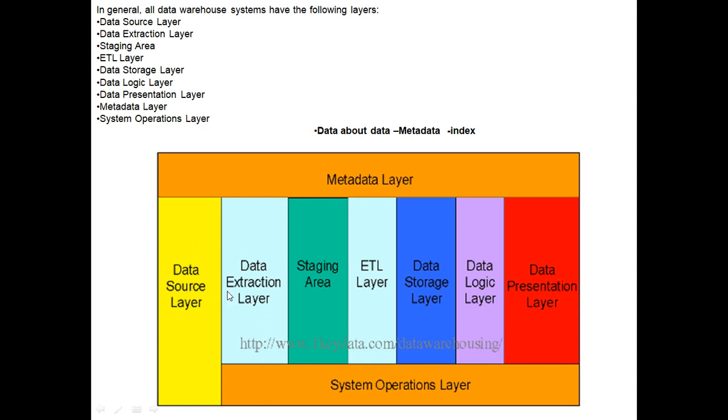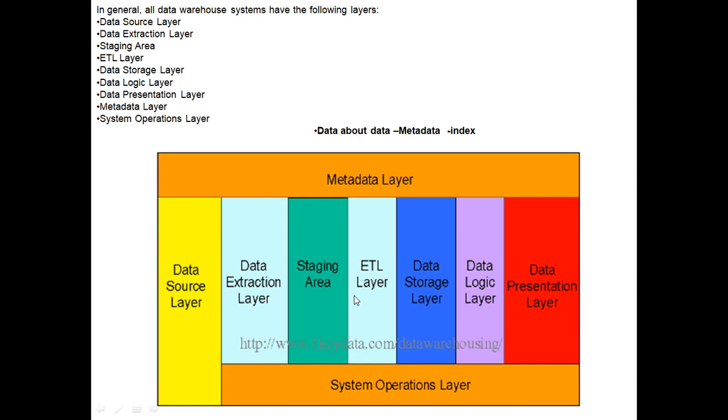So you have the data source layer, data extraction layer, staging layer, ETL layer, data storage layer, data logic layer, and data presentation layer. Okay, these are the 7 layers which the source data has to undergo.